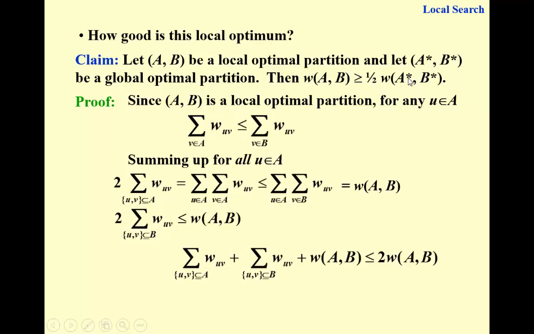This W of A star and B star is certainly no more than the total weight, right? And therefore, we have just proved that the global optimum is no more than 2 times the local optimum. Or in other words, the local optimum is at least 1/2 of the real optimum. And that completes the proof.